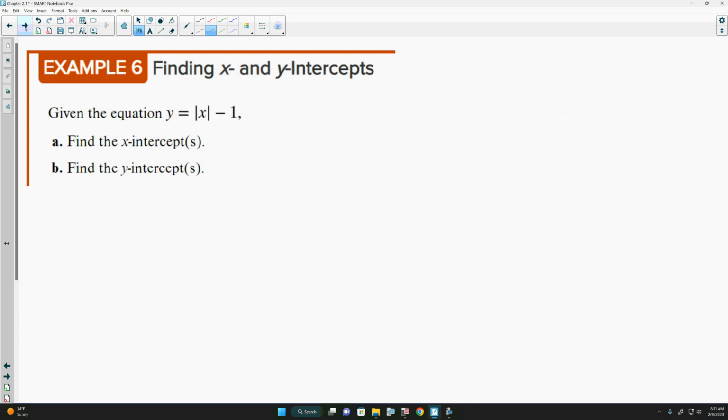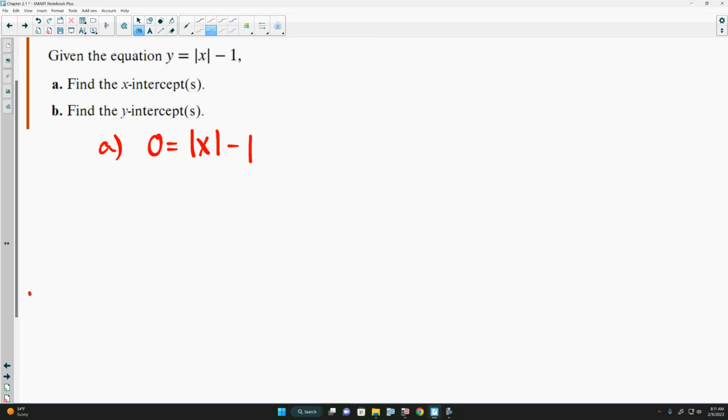So for part A of this here, we want to find the x-intercept. And the x-intercept is where it crosses the x-axis, where y is 0. So all we need to do is replace y with 0 and solve. Now for this here, we do need to get the absolute value by itself.